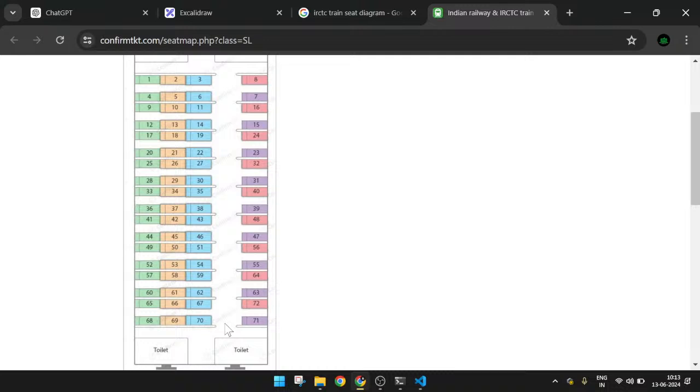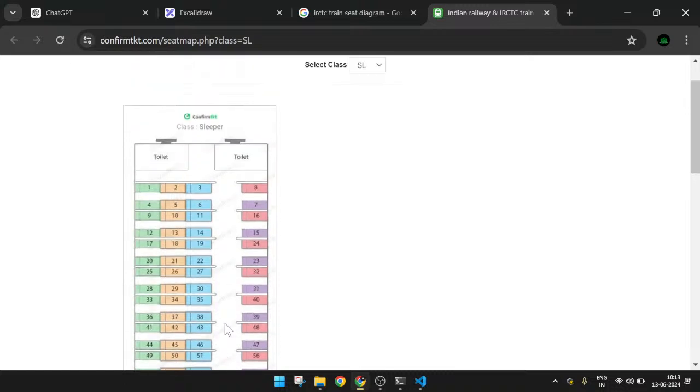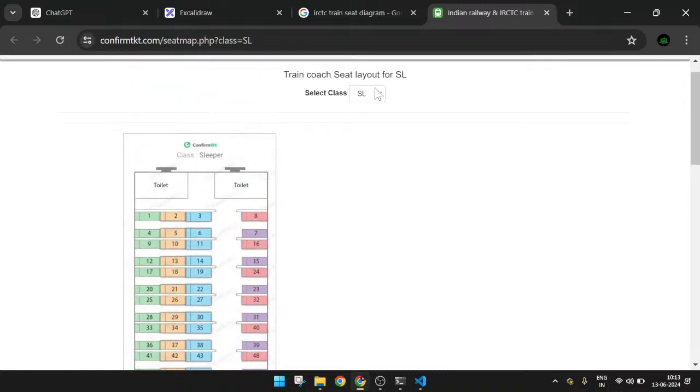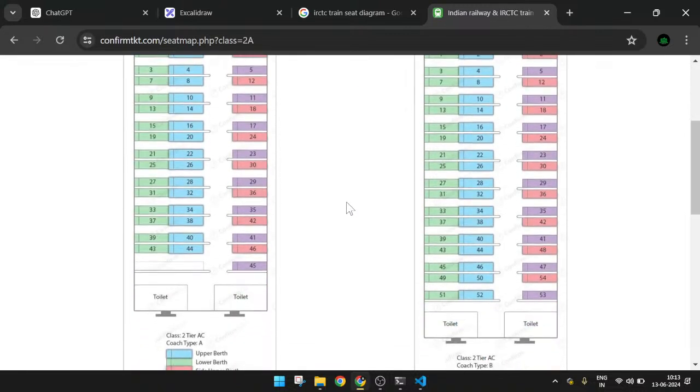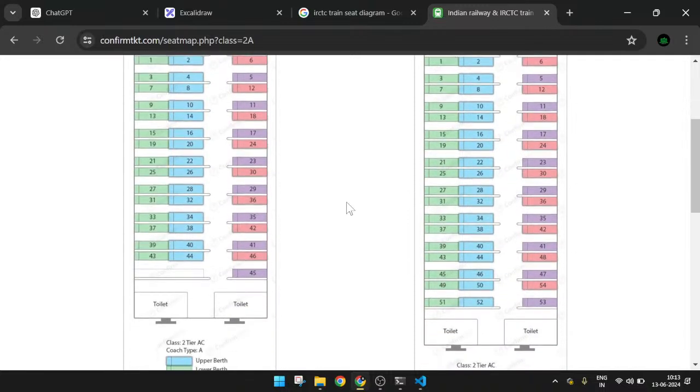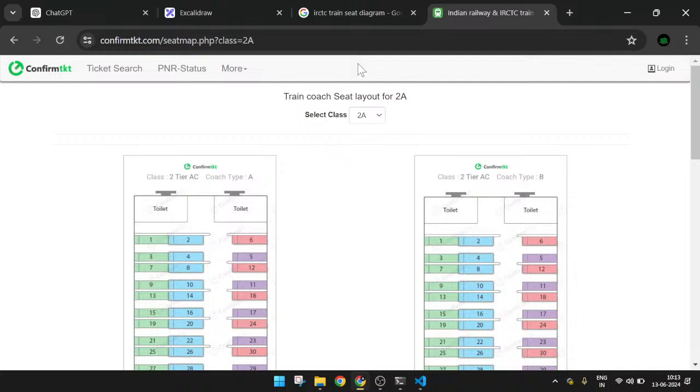I think this train is quite big. So different classes have different diagrams. Okay, so EC has a little fewer seats as compared to sleeper.